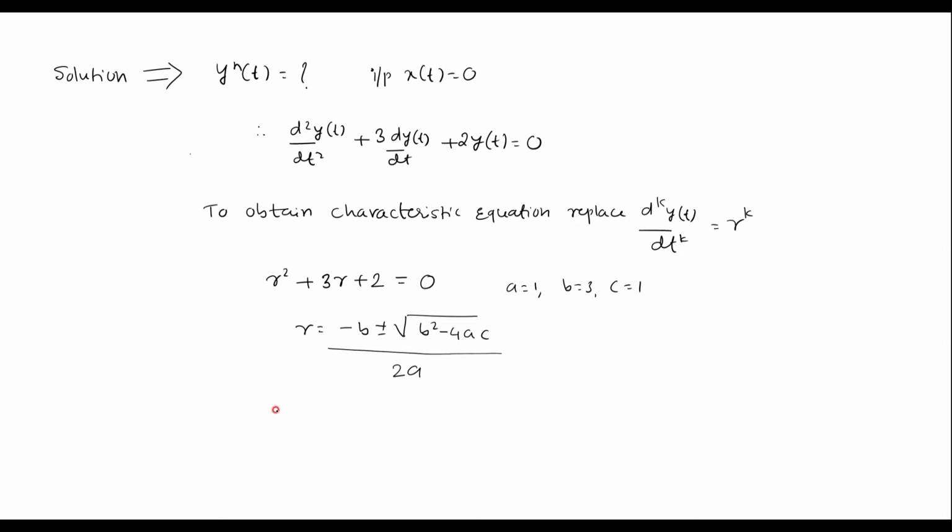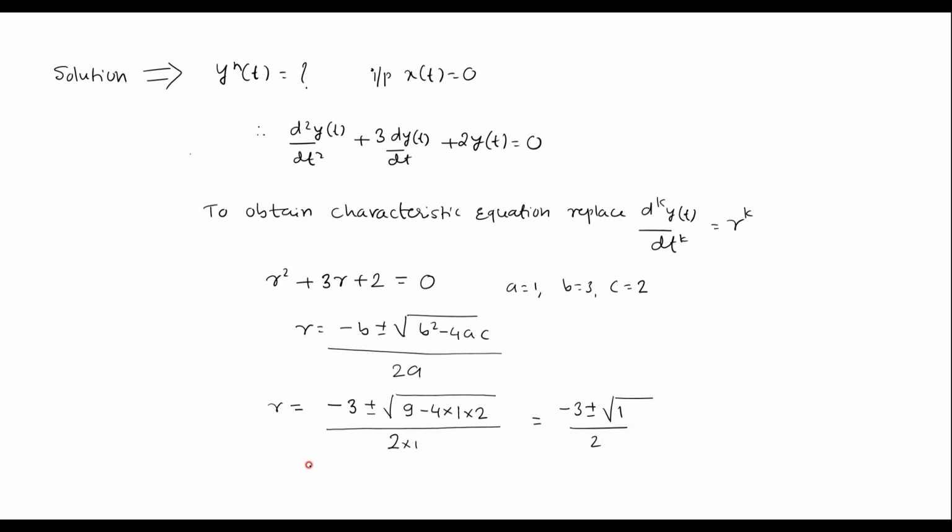So r is equal to minus 3 plus or minus under root 9 minus 4 into 1 into 2, that is 9 minus 8, which is 1, divided by 2.